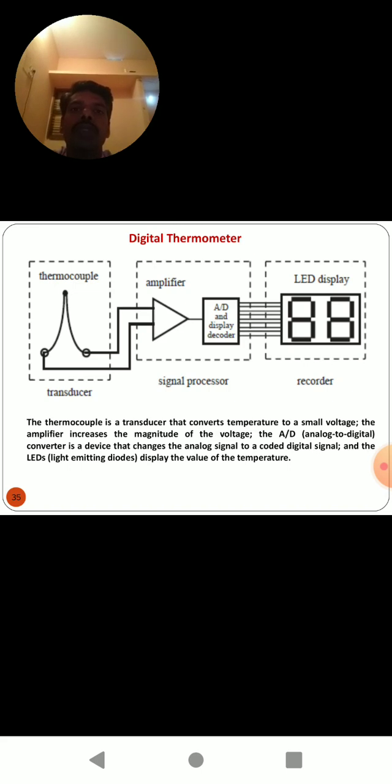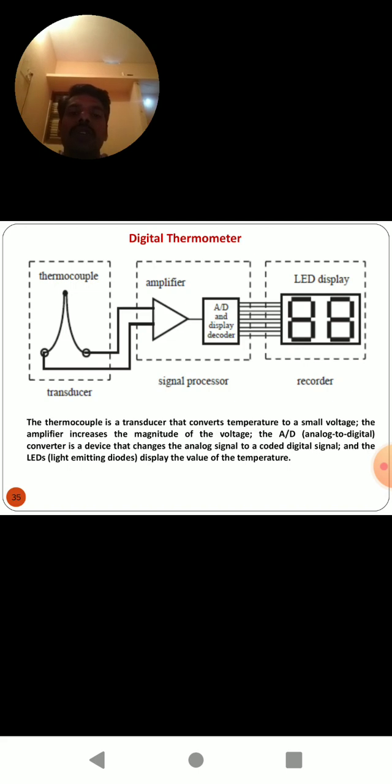The final output, that is the magnitude of the measured quantity in whichever form we record, is received in the output unit. Here we take a digital thermometer as an example. The thermocouple is the sensor or transducer. Its output is provided as an amplified signal to the signal processing unit.